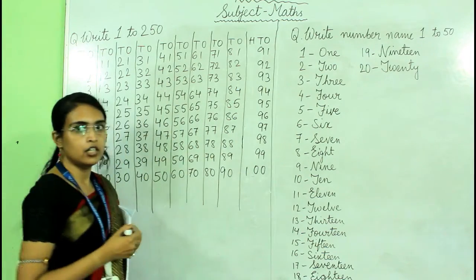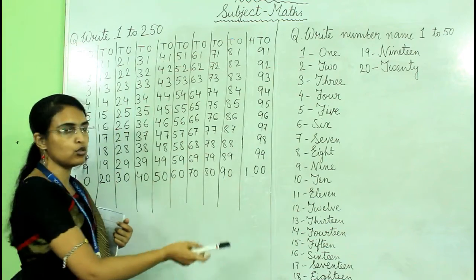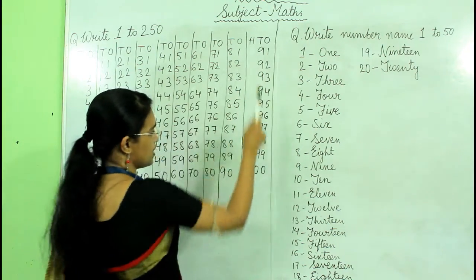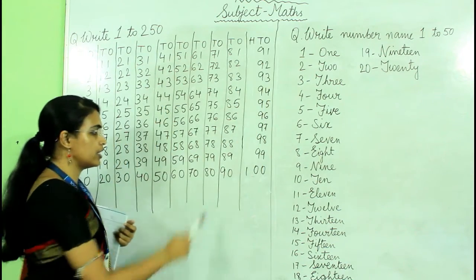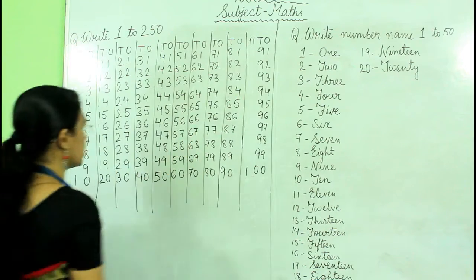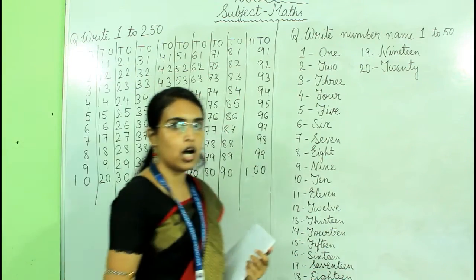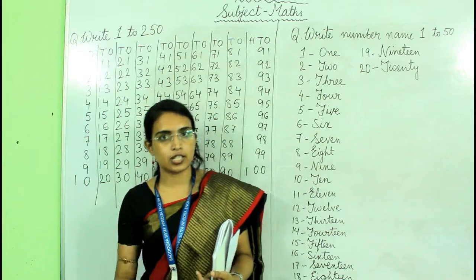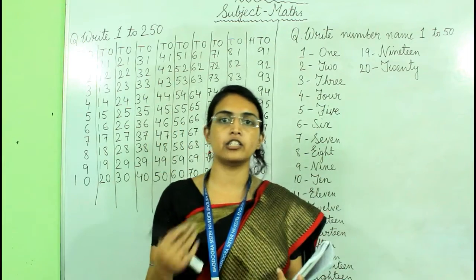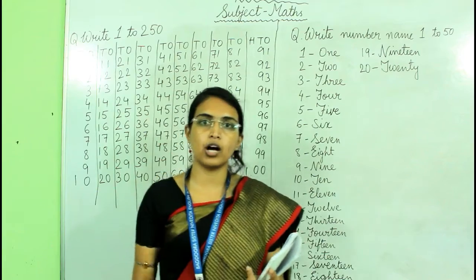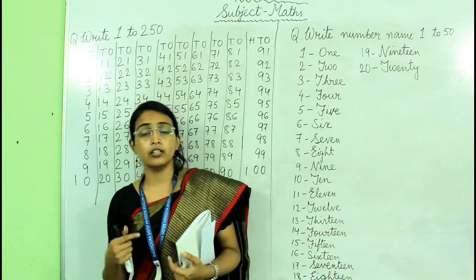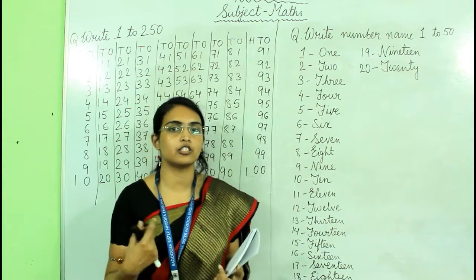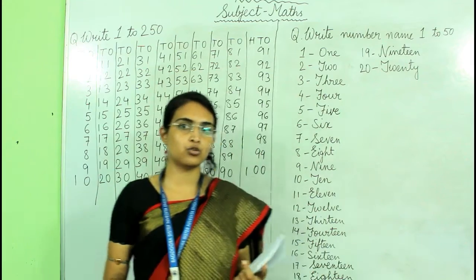Now 100, though it is a 3-digit number, you have to write 1 in the H place, that is the hundreds place, and this 0 in the tens place and the last 0 in the ones place. So in this way you have to continue. After 100: 101, 102, 103, 104, 105, 106, 107, 108, 109, 110, 111, 112, 113, 114, then 115, 116, 117, 118, 119, 120, 121, 122.